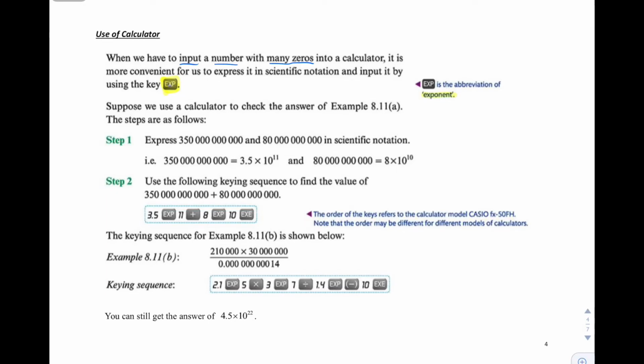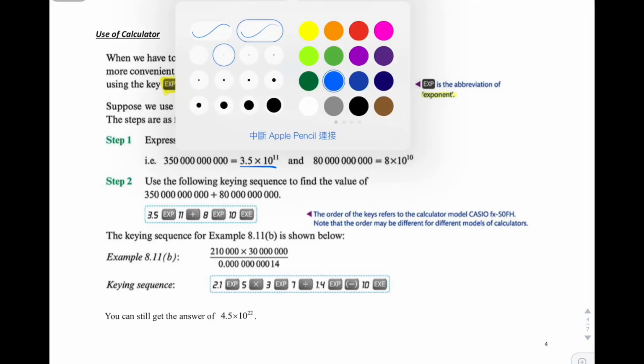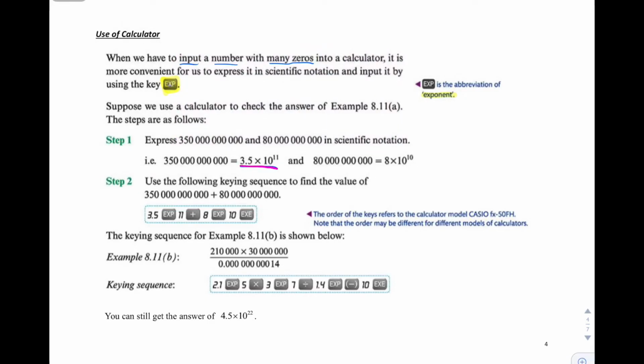So if you want to input something like 3.5 times 10 to the power of 11, you just press 3.5 exponent 11. If you want to input 8 times 10 to the power of 10, you just press 8 exponent 10.